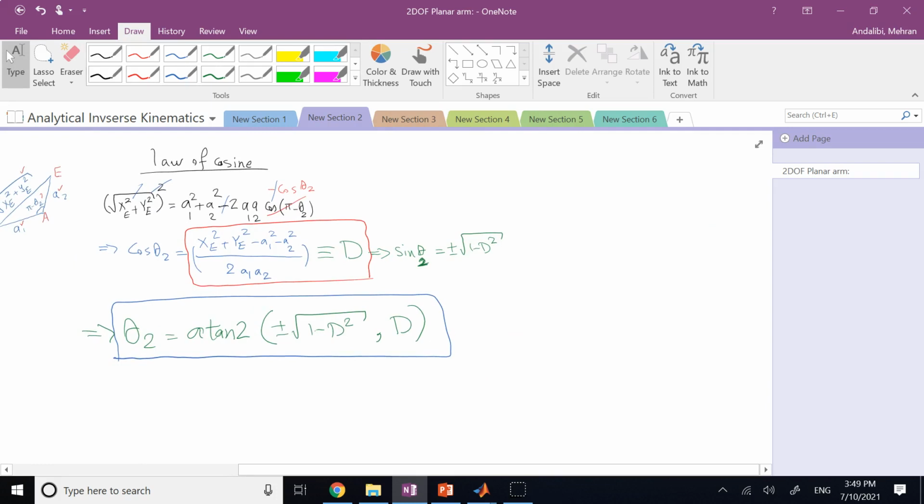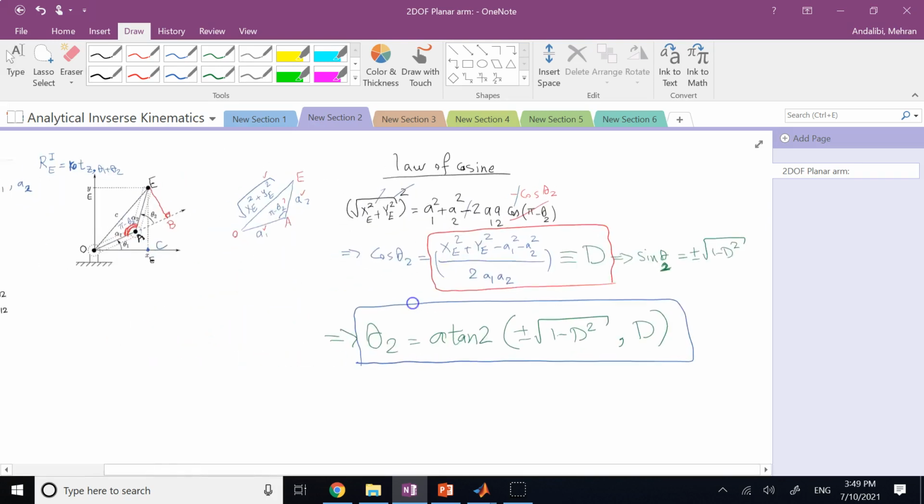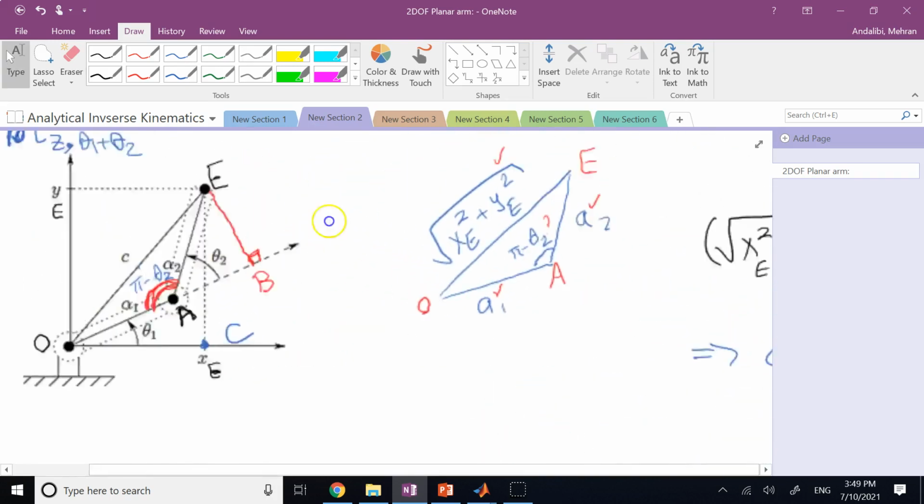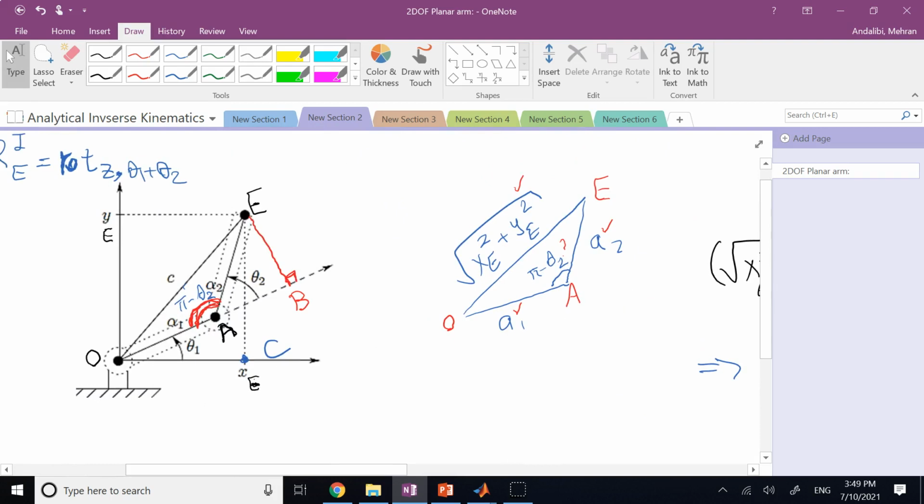And now that I have theta 2, let's go back and see if we can find theta 1. Well, I can find theta 1 as well. For theta 1, the angle I'm going to focus on is this angle here in green. This angle is theta 1 plus this small angle here.